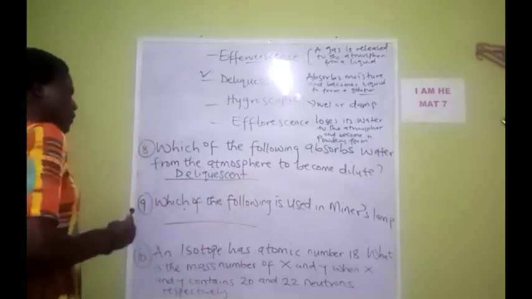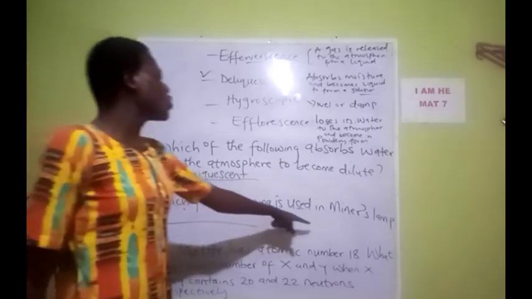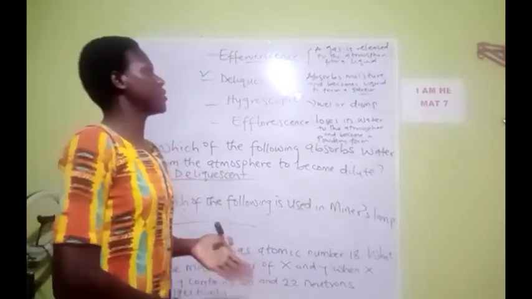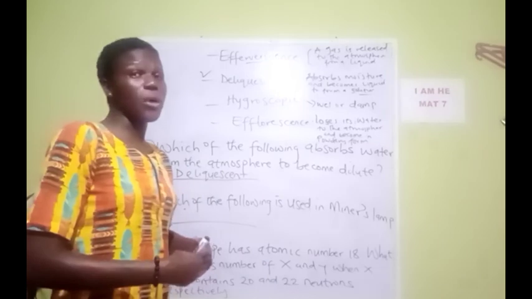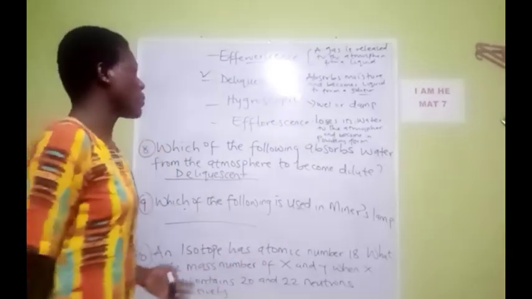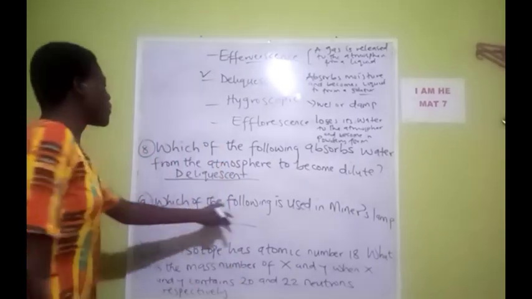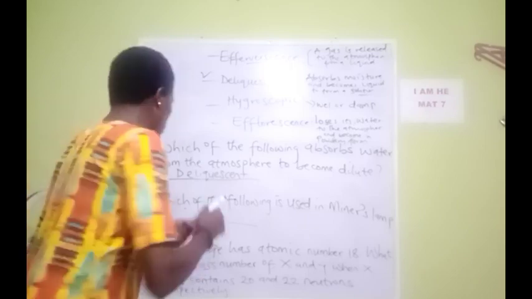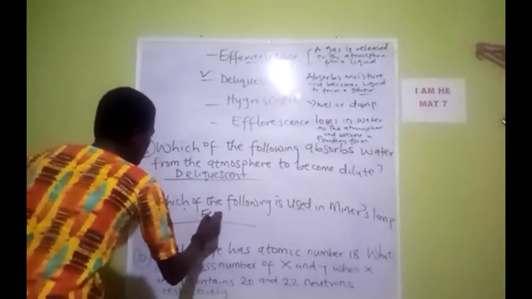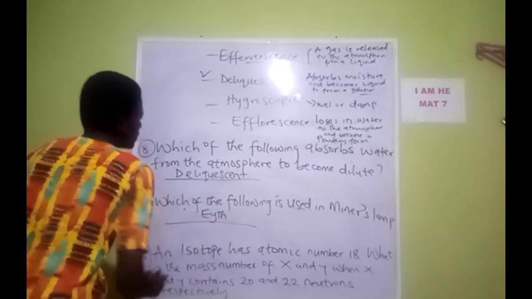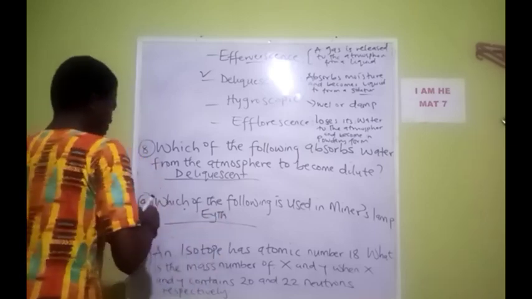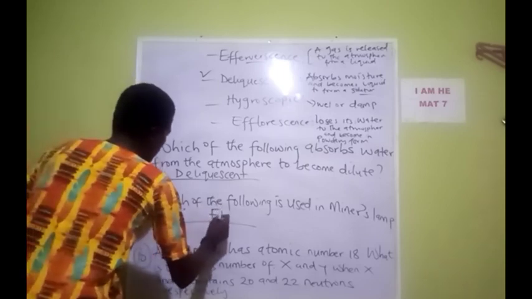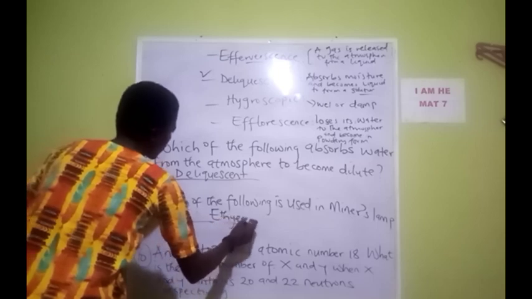Okay, the next one says, which of the following is used in miner's lamp? I think this question is recurring in JAMB exams. The answer is ethyne.